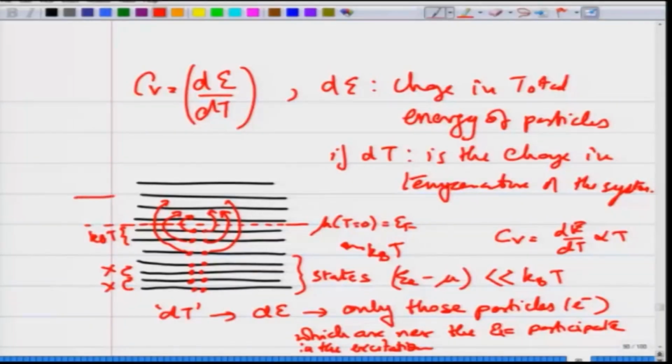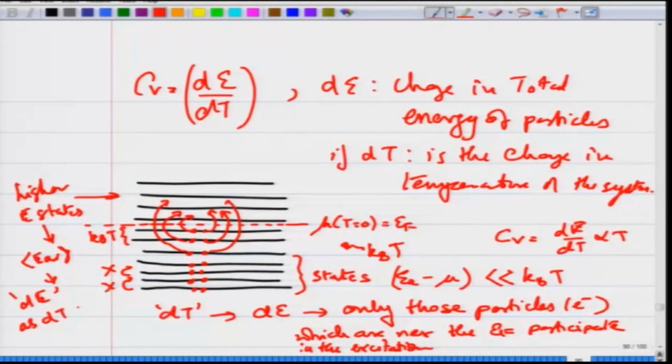So, they absorb energy and they go to higher energy states, and as they go to higher energy states, the mean average energy of the system increases, and so there is a total increase in the dE. There is a net increase in the energy as dT increases.